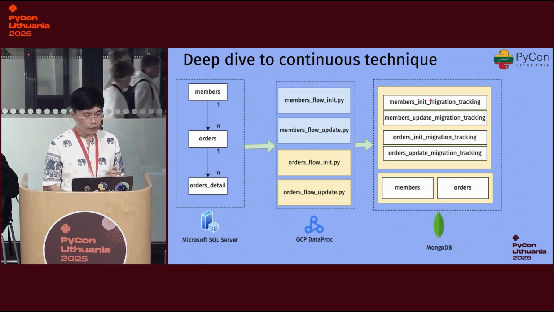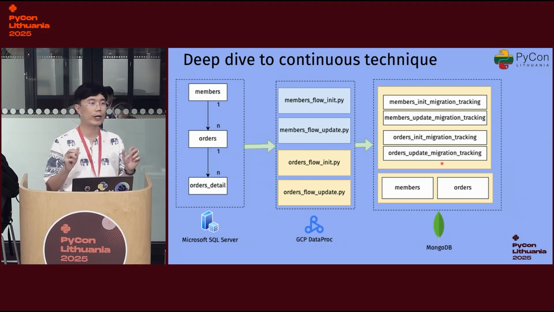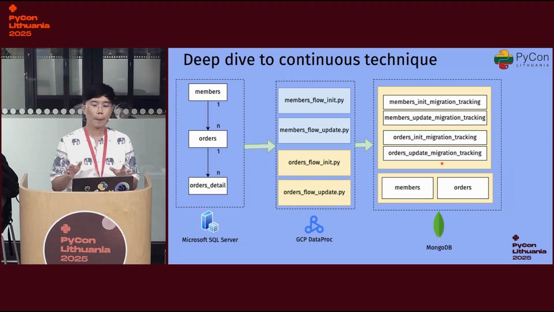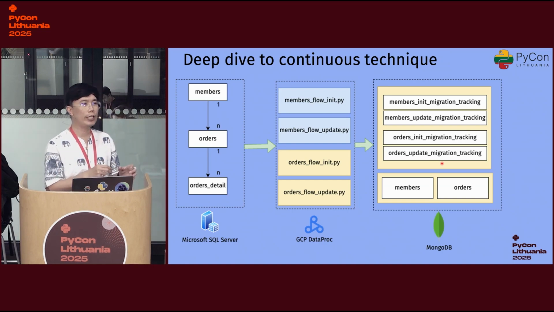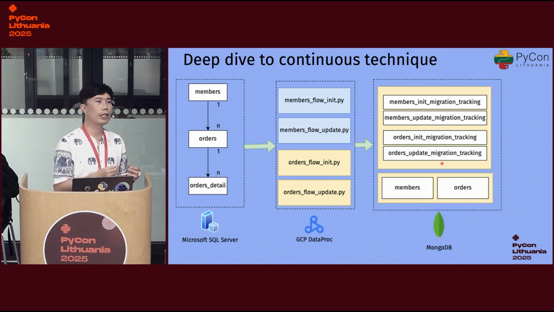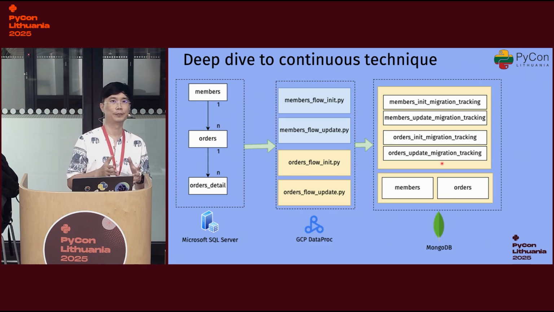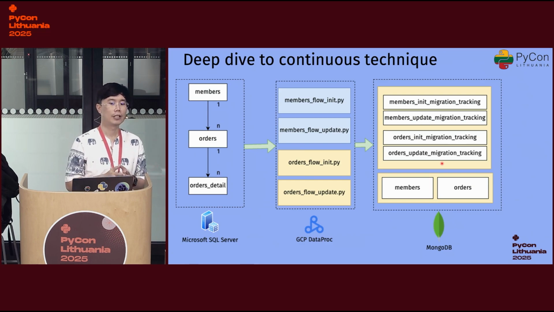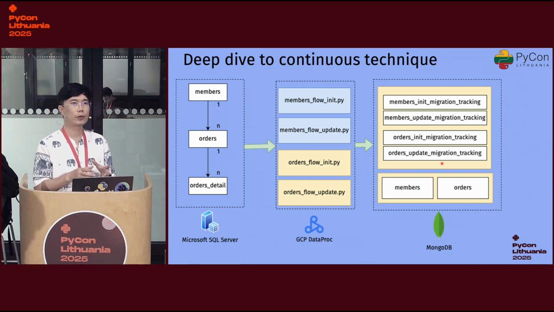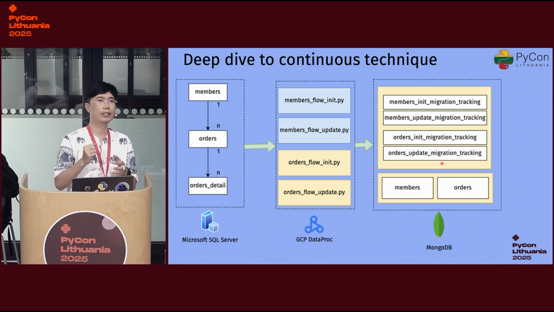And also on the MongoDB side, we create a collection for tracking. In this case, there is a limitation: we need to make sure the primary key is auto-incremental, like an auto number, 1 2 3 4 5, a big integer. So we have the tracking. If a move fails, it's not marked yet.